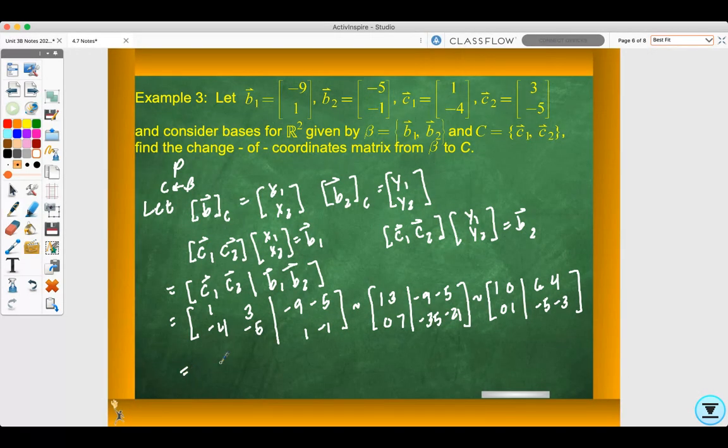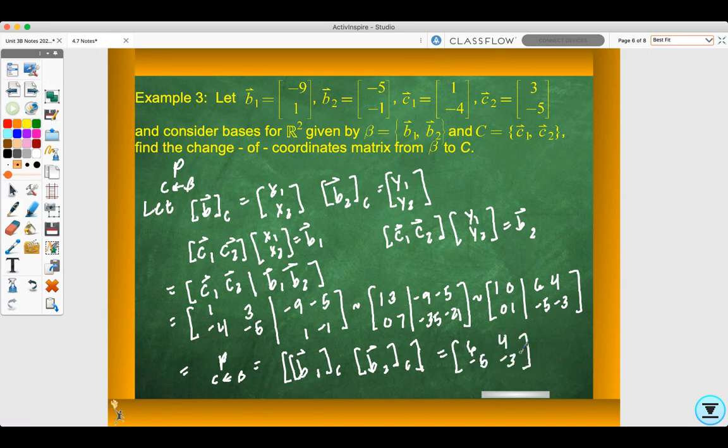Therefore, my change of coordinates matrix from B to C, which was B1C, B2C, would equal 6, -5, 4, -3.